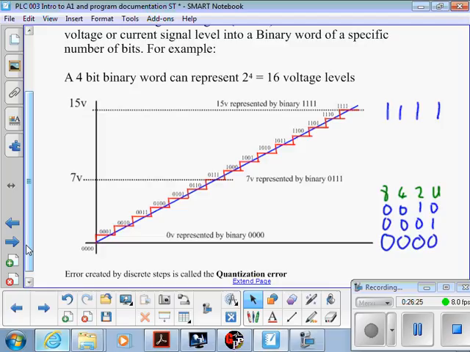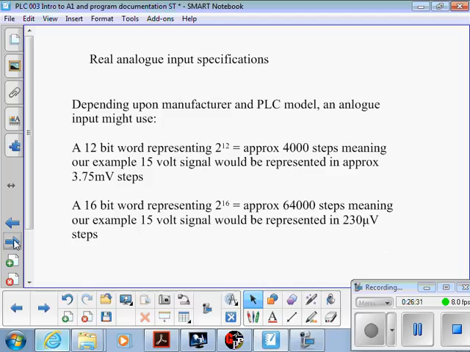However, we can reduce that step size by increasing the number of bits we use in the word that represents that signal. If we upgrade to typically a 12-bit word, we can represent 2 to the power of 12 different steps, which is approximately 4,000 different voltage levels. That would mean our 15 volt signal would be represented in approximately steps of 3.75 millivolts, which is a lot less than a volt, the error that we had before.